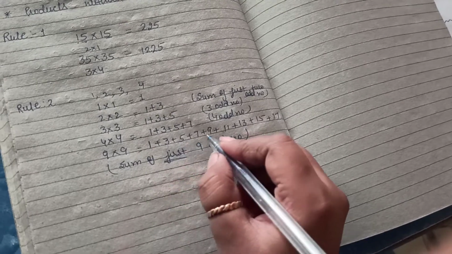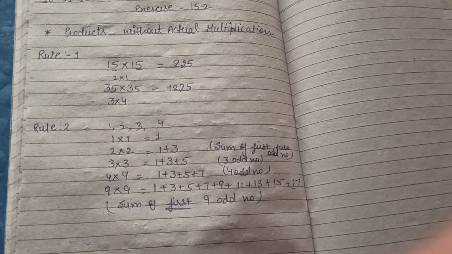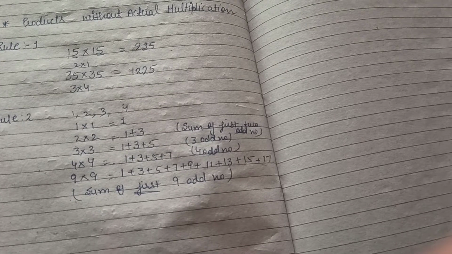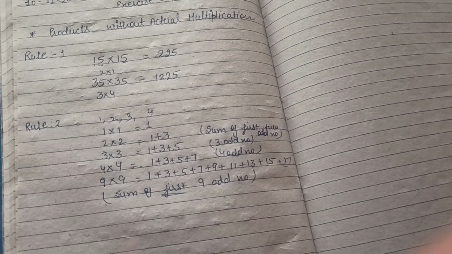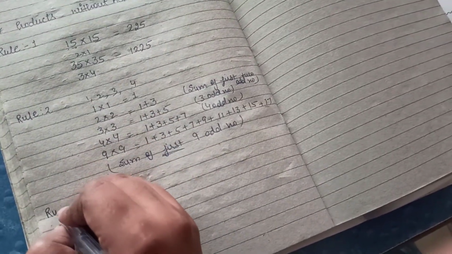That is 1, 2, 3, 4, 5, 6, 7, 8 and 9 numbers. So this is rule number 2, to find the product of smaller numbers without multiplying.